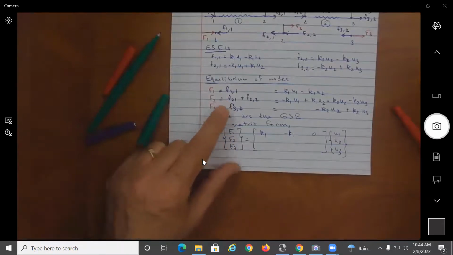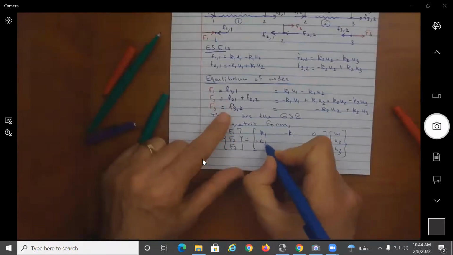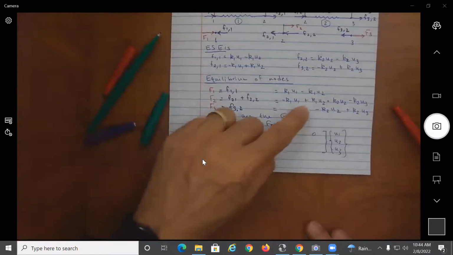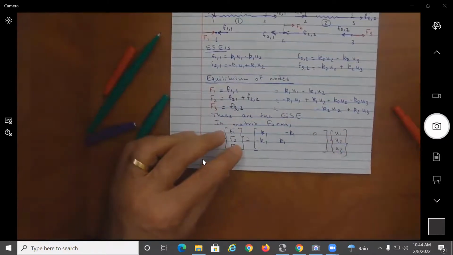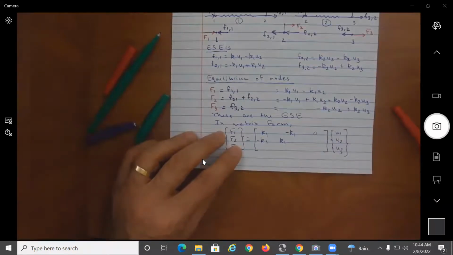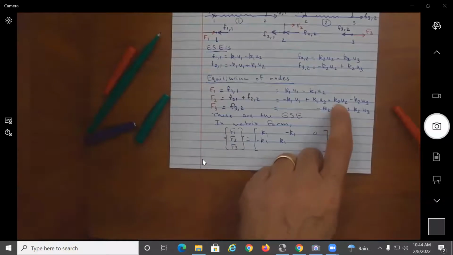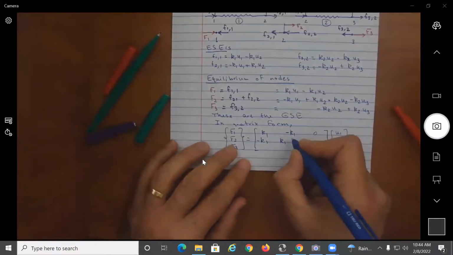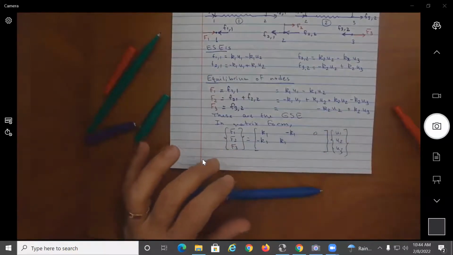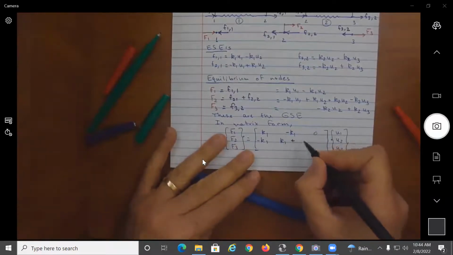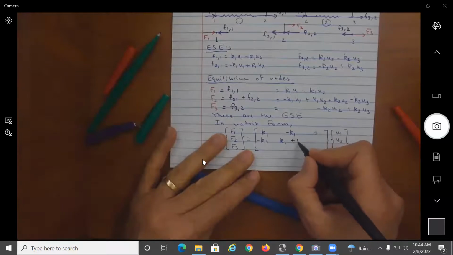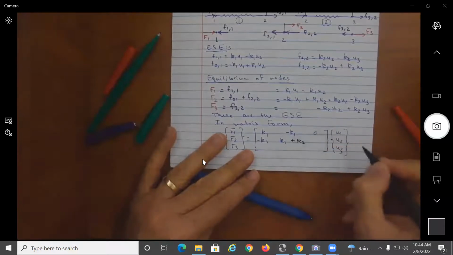Second line, I have a minus K1 U1, a plus K1 times U2, and I also have a K2 times U2, so I'm going to put a plus K2 times U2.